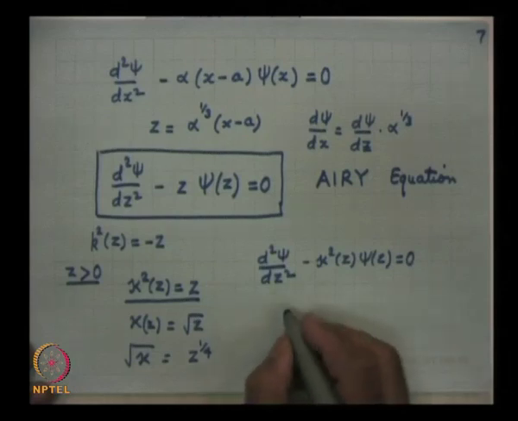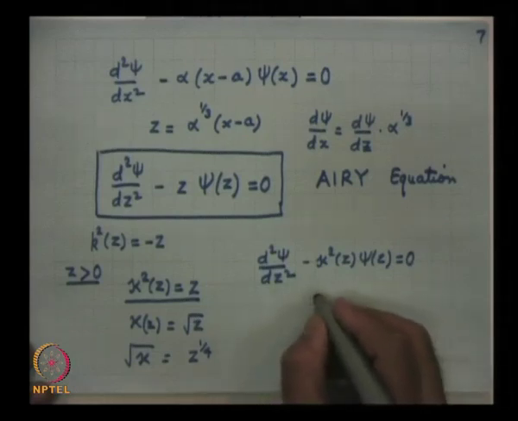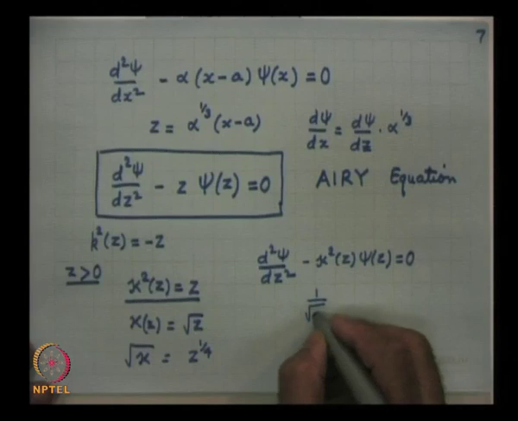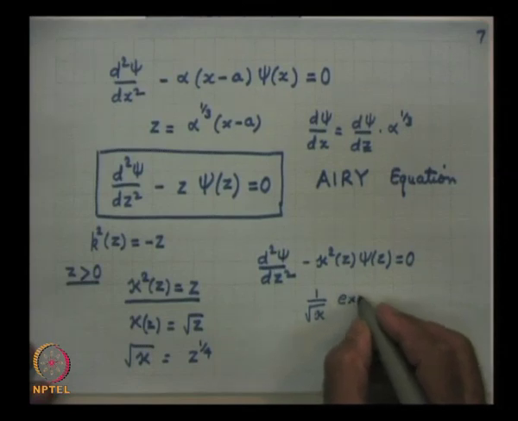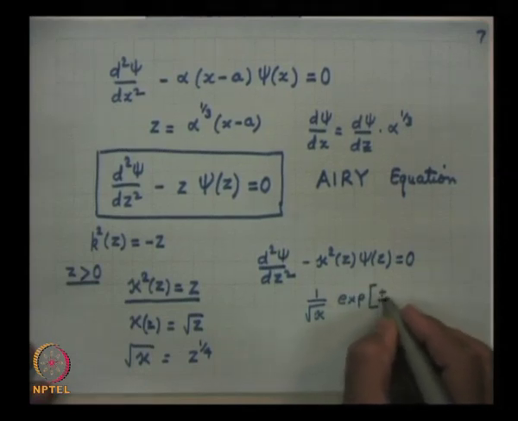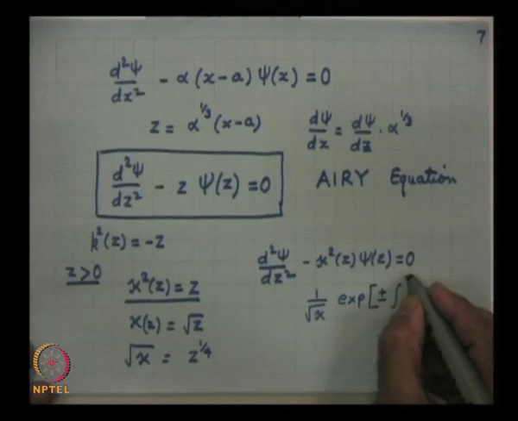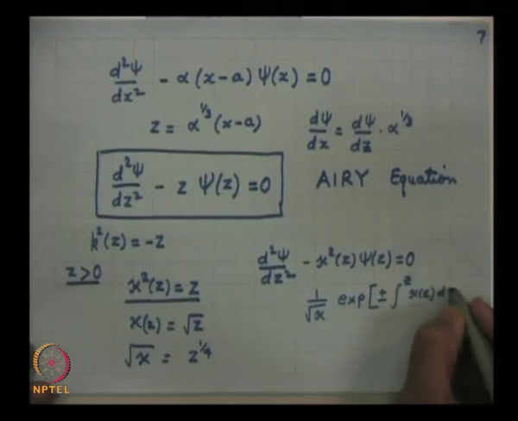Now, the WKB solutions of these equations are 1 over under root of kappa, exponential plus minus integral kappa of z dz.